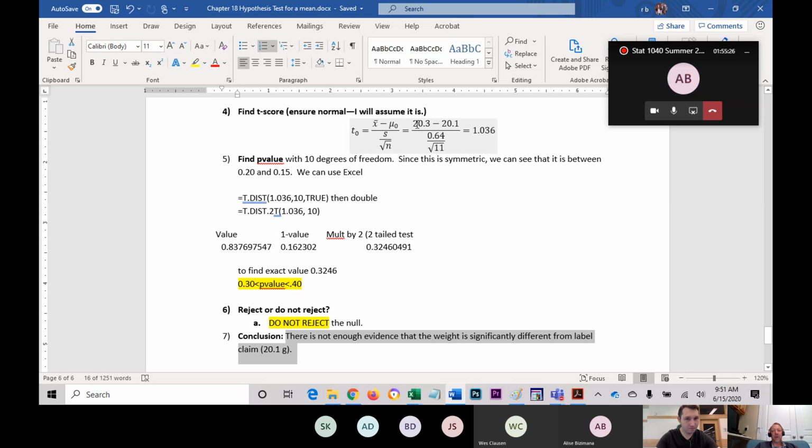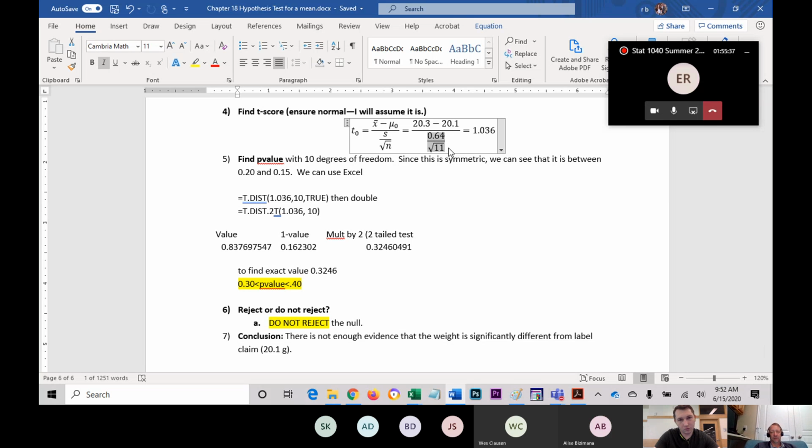So remember, we got 20.3, which is a little bit higher, but because our sample size is so small, we said, well, that's close enough. And plus, they're getting more candy. That would be a better thing than having less candy and getting sued because you got less candy.